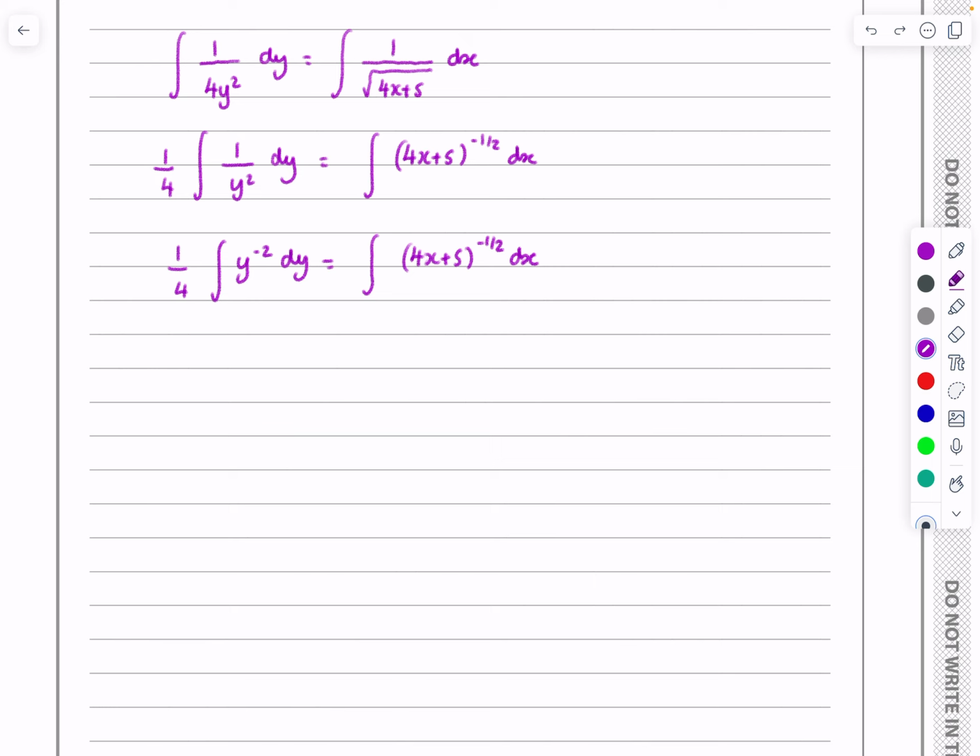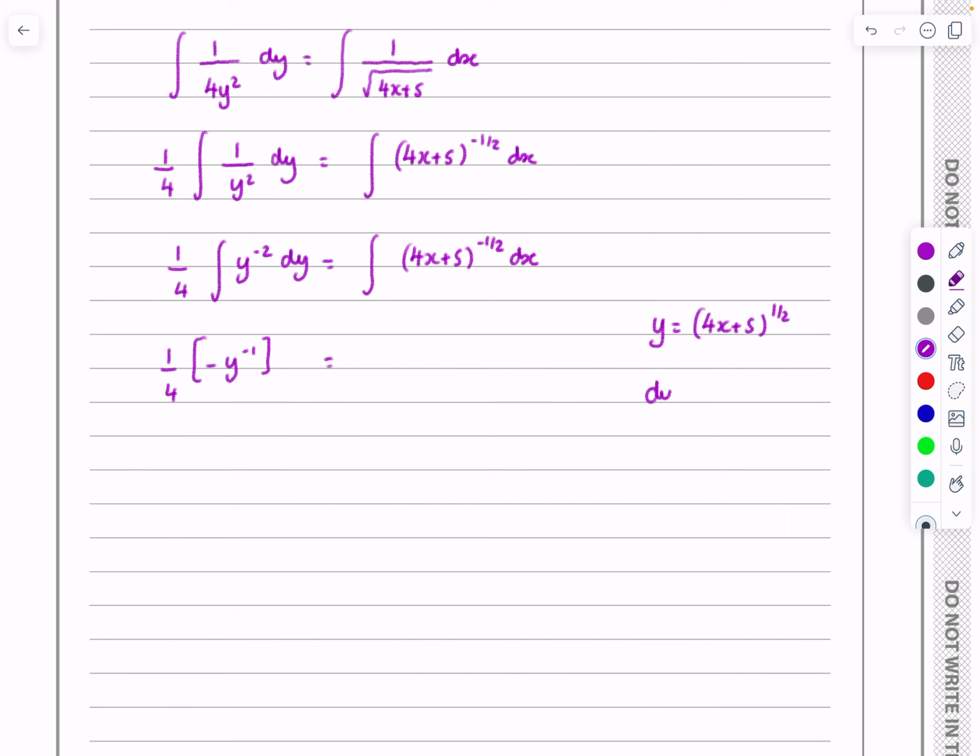If I'm going to integrate y to the minus 2, it's going to be, leave this a quarter out here, add 1 onto the power and divide by the new power will just give me minus y to the minus 1 there. It is equal to, just really quickly with this one, I can see this is a reverse chain rule. I'm going to take my guess at being y equals 4x plus 5 to the half. That's what I think the integral is.